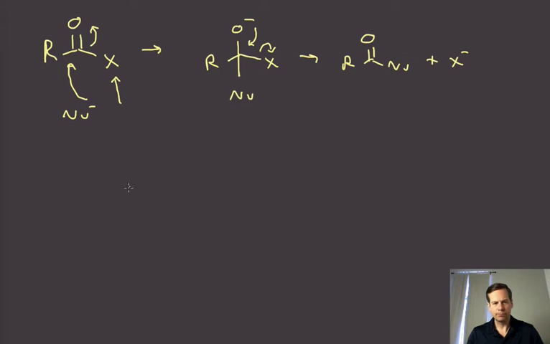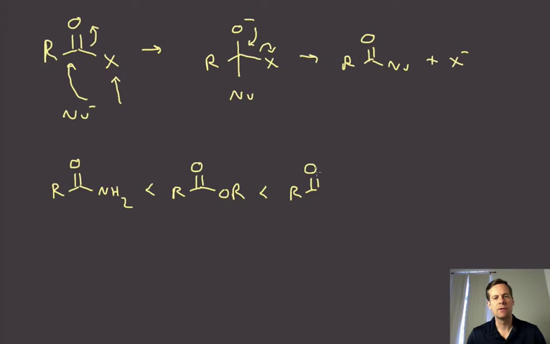What we see is a reactivity trend, and I won't do all of the derivatives, but it looks like this. Amides are going to be the least reactive to this type of substitution, followed by esters, and then things like anhydrides. And then the most reactive of the things we'll talk about are acid chlorides.